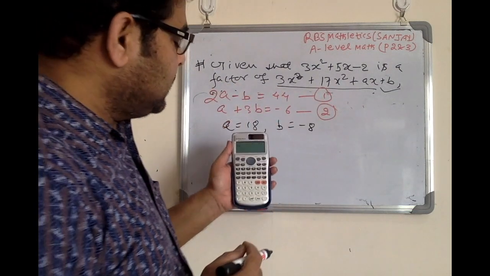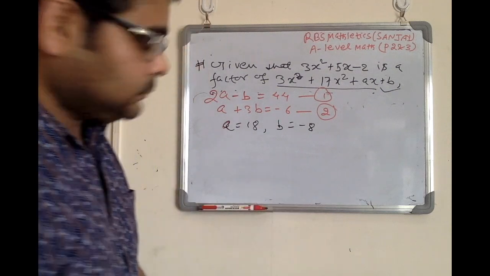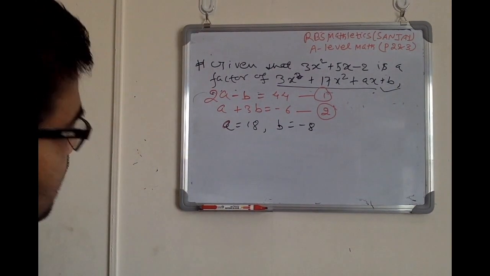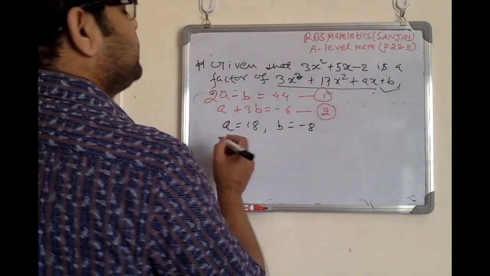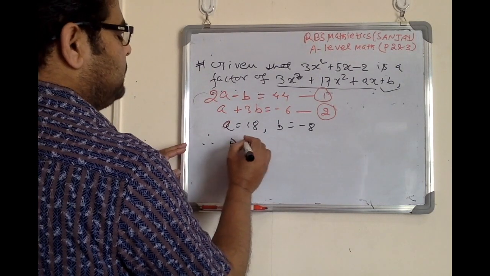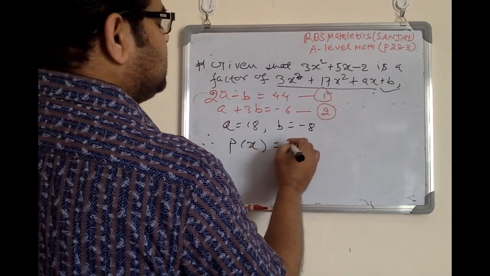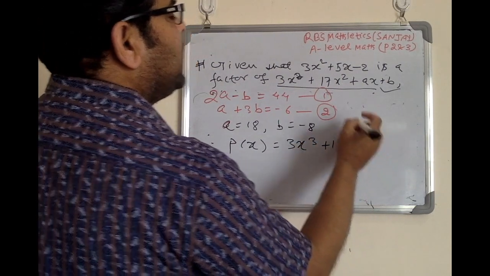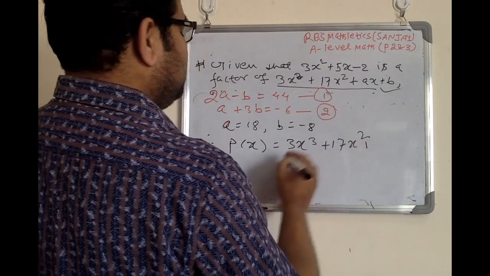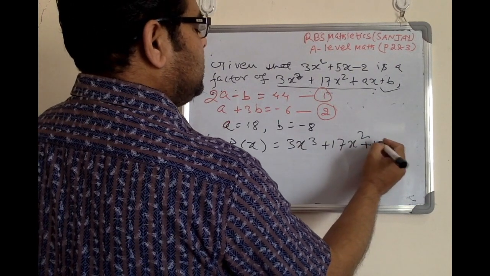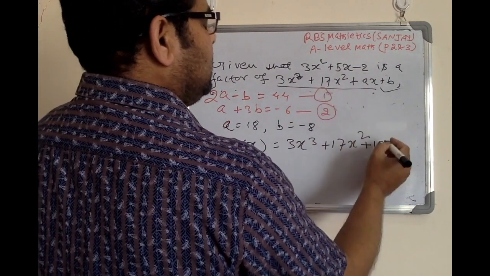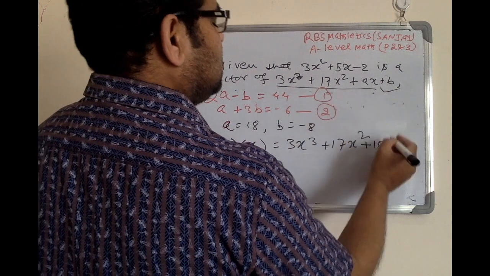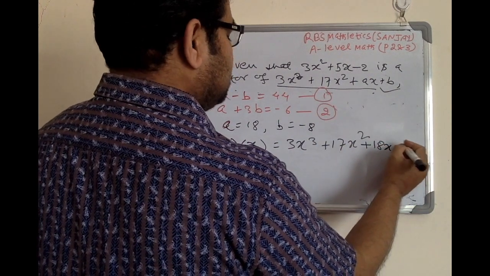So you can use that function in the calculator. Therefore, our p(x) will become 3x cubed plus 17x squared plus 18x, yes, 18x, and then -8.